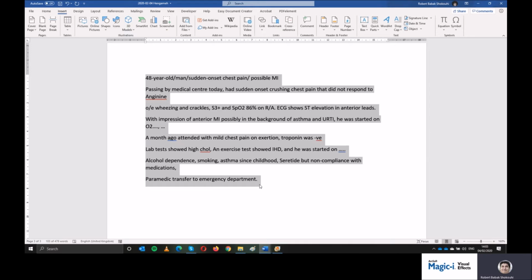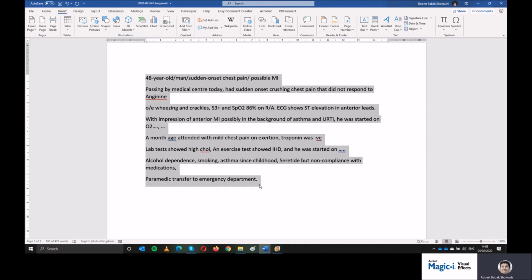And if he's wheezing because he's got asthma, maybe I give him a nebulizer of ipratropium. I don't want to make him too tachycardic with salbutamol.